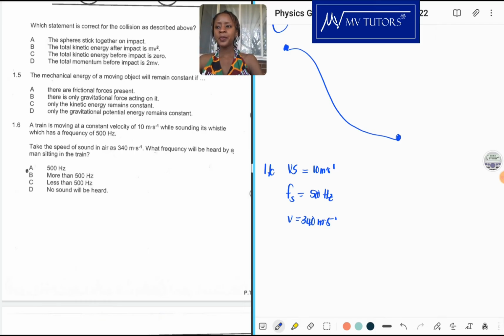What frequency will be heard by a man sitting in the train? If a man, so that's the velocity of the listener. If a man is sitting in the train, do you guys agree that the man has the same velocity as the train? So they will also have 10 meters per second. Still, the speed of sound is the same.